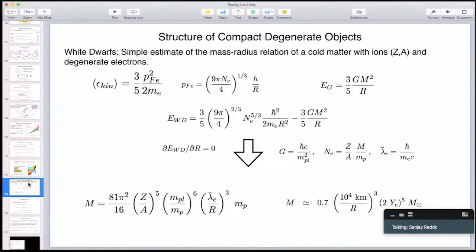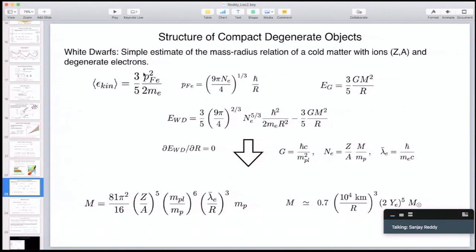But for the white dwarf, we can do something very similar. Let's assume that the white dwarf is a constant density object. If it's a constant density object, I can calculate the kinetic energy of the electrons. You know that an electron gas has kinetic energy of order 3/5 p_F squared over 2m_e, where p_F is the electron Fermi momentum in the white dwarf.